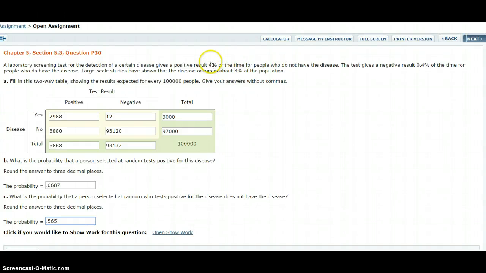These are reasonable. 96% accurate if you don't have it, 99.6% accurate if you have it. And yet, if the test shows up as positive, in other words, it tells you have it, you would think with those high levels of accuracy, it's pretty sure that you do have it. Not at all. 56% chance you don't have the disease.